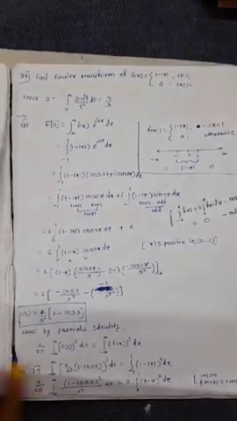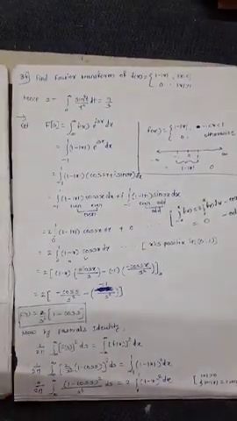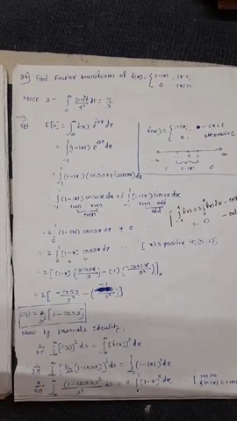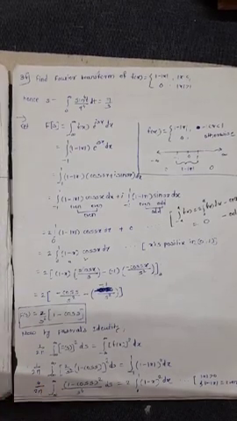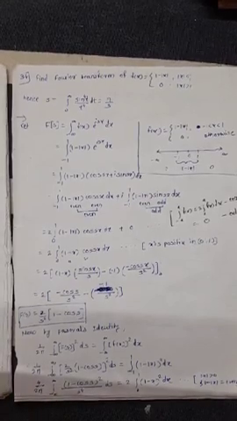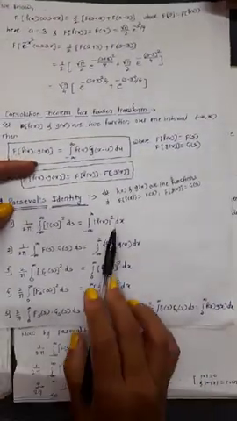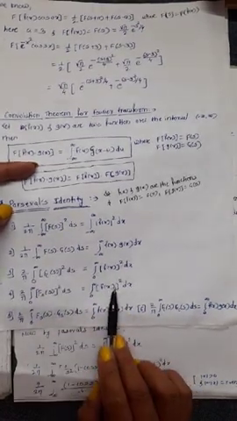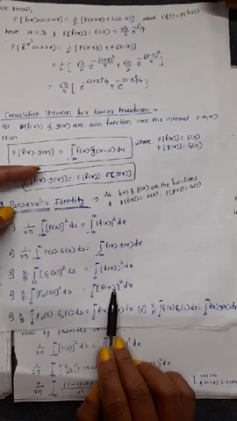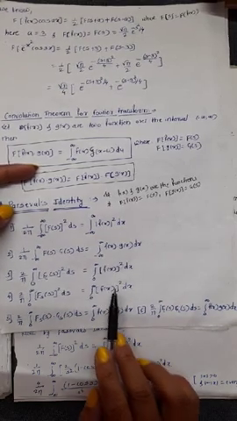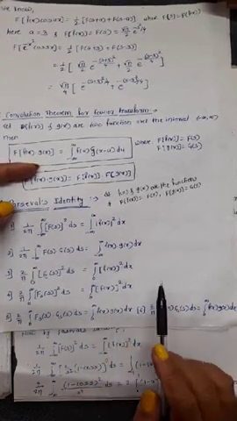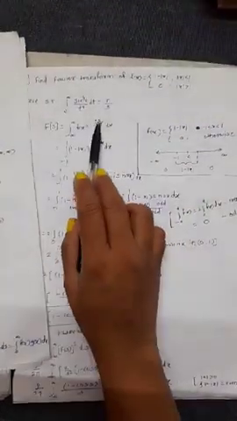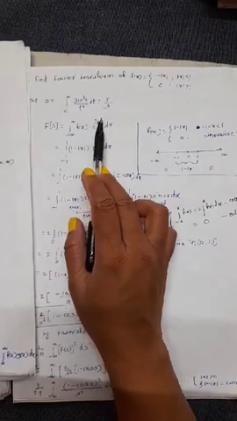Because in Parseval's identity, squares are there, function squares are there. That's why those functions will come in higher order in the resultant step, so this example can be solved by Parseval's identity only.